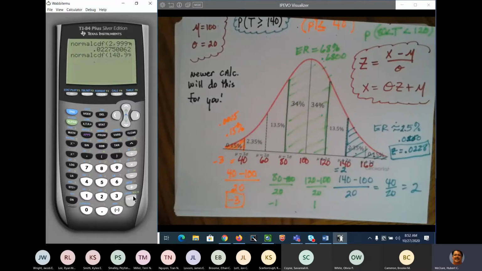Same thing. So if you've got a newer calculator, it will do it for you. And this is a TI 84 Plus Silver Edition on this online calculator, so it's fairly old.